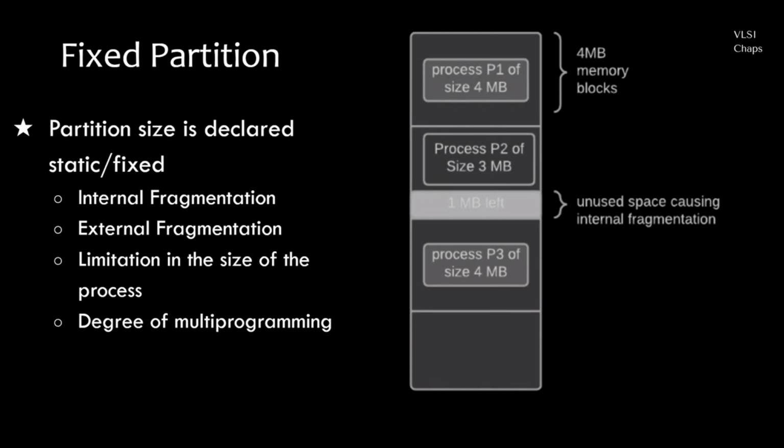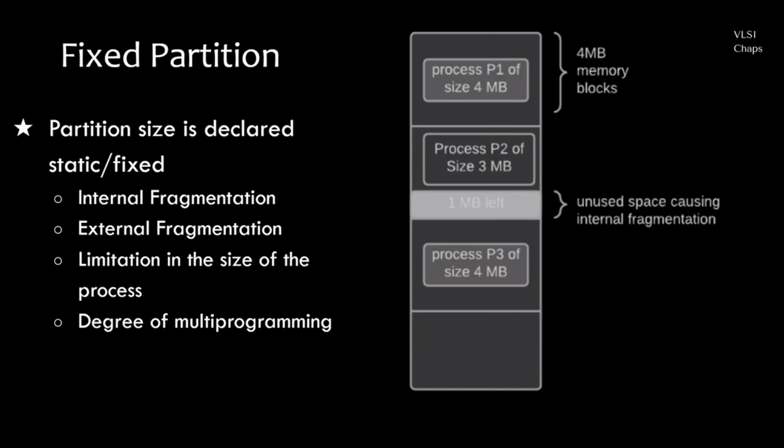One of them is fixed partition based. In fixed partition, by default, memory is divided into fixed-size memory blocks. That size will not be changed. Let's say I have a whole block of main memory divided into various parts, where each block is 4 MB.